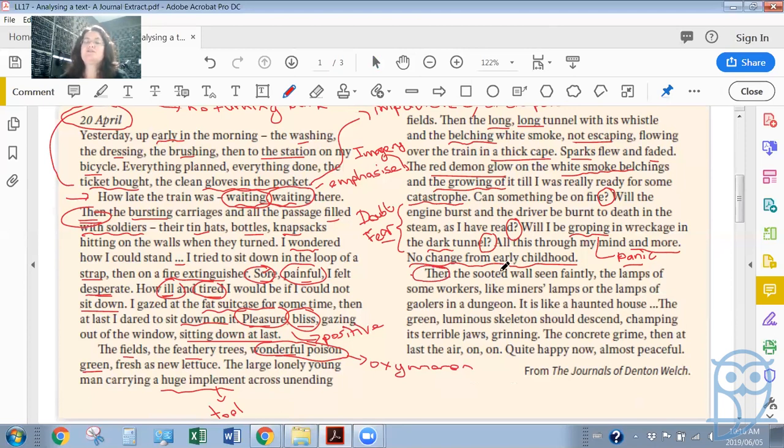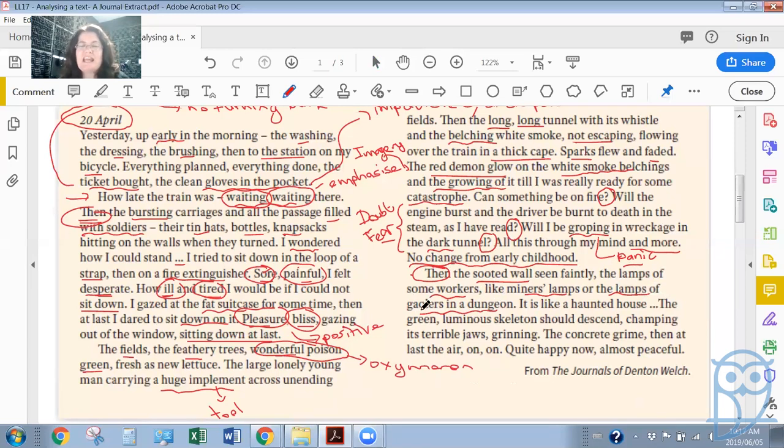Then something else changes. The sooted walls, this wall covered in soot in the tunnel, seen faintly. The lamps of some workers in the tunnel, like miners' lamps or the lamps of jailers in a dungeon. So he moves from the practical to something very negative and dark and to the figurative.